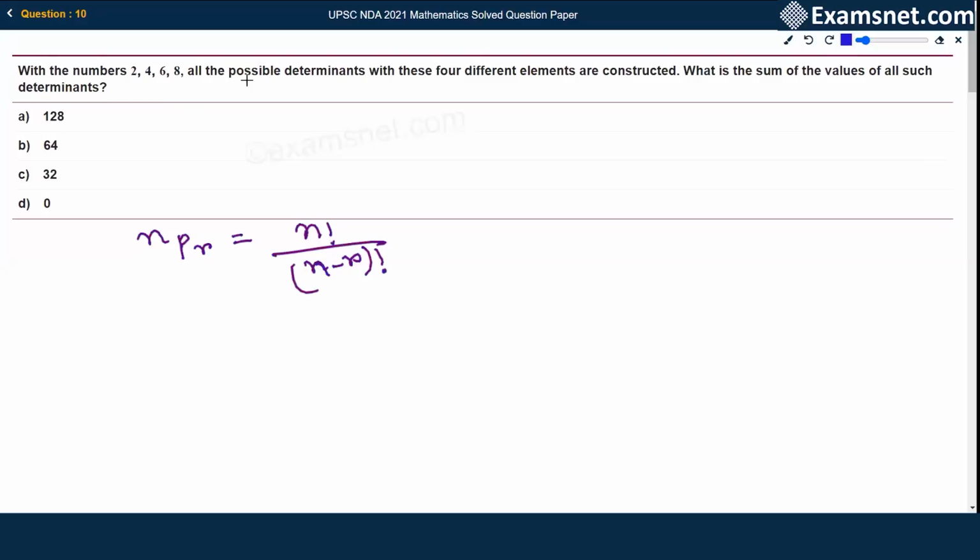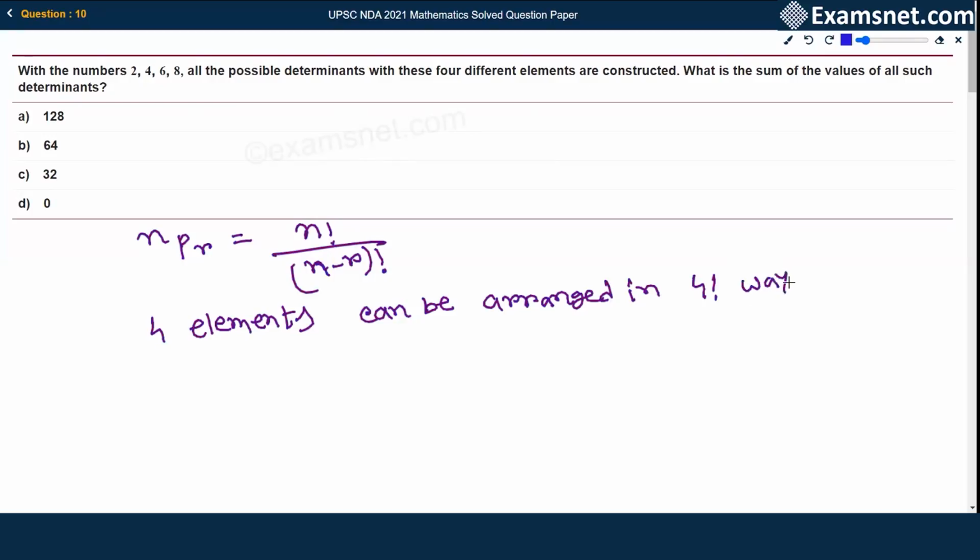Here 4 elements are given, right? So we want to arrange these 4 elements in different ways to get different determinants. 4 elements can be arranged in 4 factorial, or 4P4 ways.